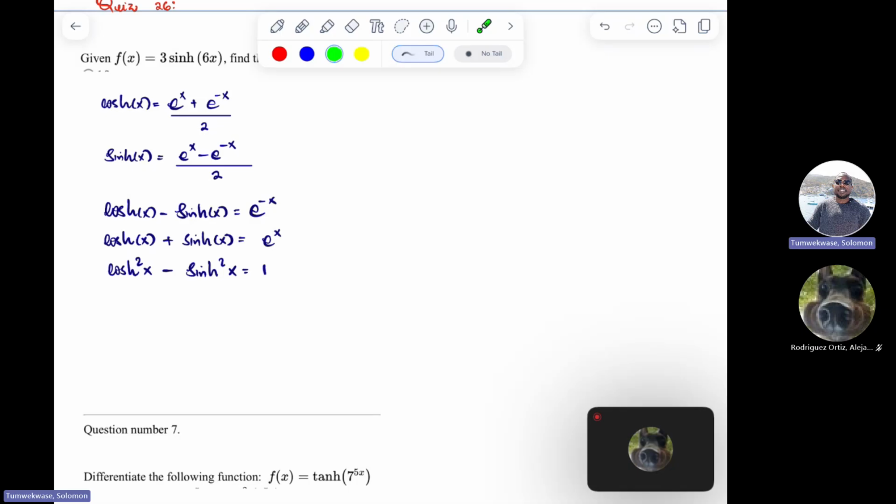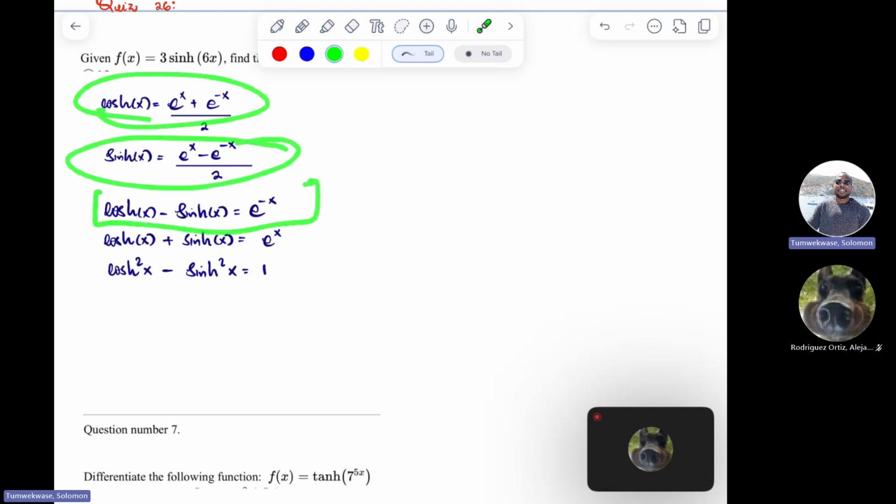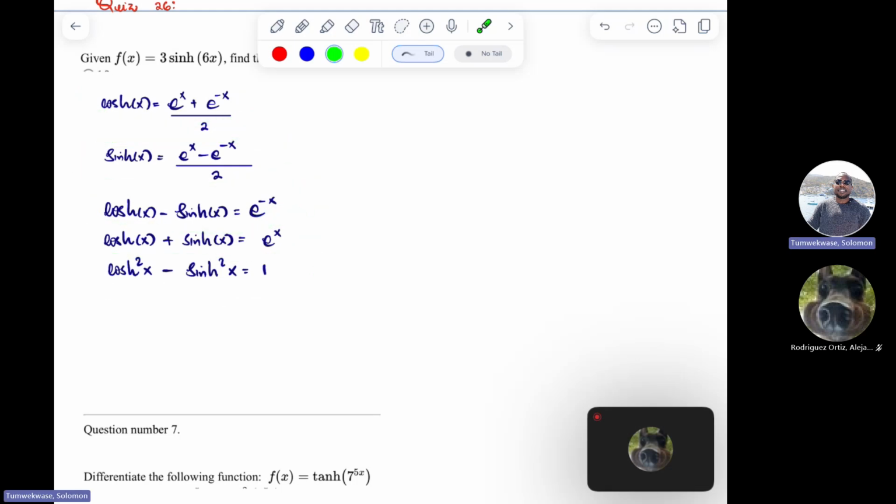But if you remember this, you should be able to prove all of this by just substituting the exponential expressions wherever we have sine hyperbolic and cosine hyperbolic. There is also a list of their derivatives.